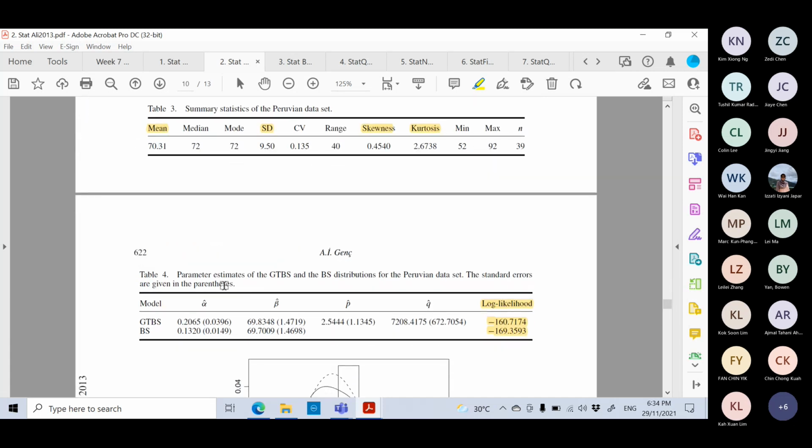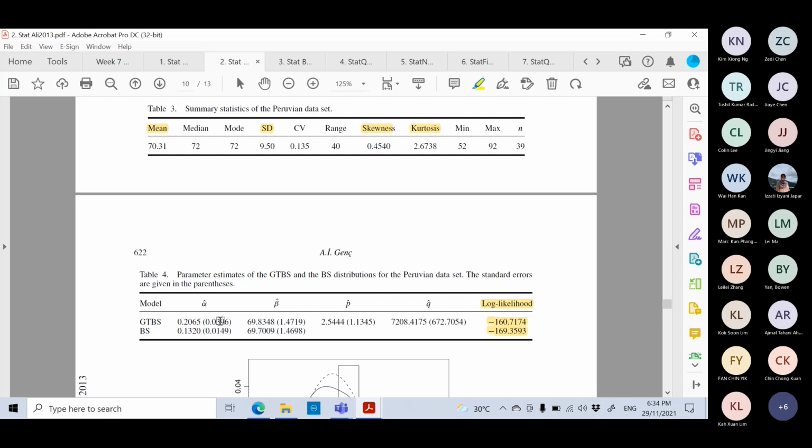Okay. So over here, they also show you how good your GTBS model is as compared to the BS. So here are all the parameter estimates calculated using the maximum likelihood, and the brackets here refer to their standard error.